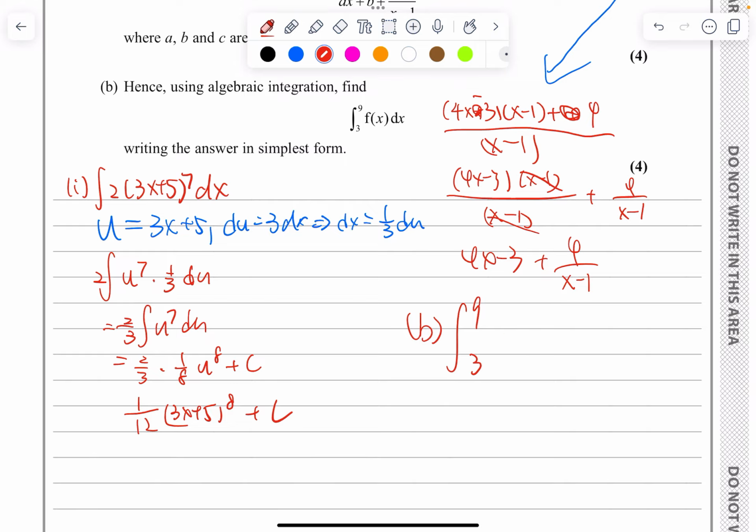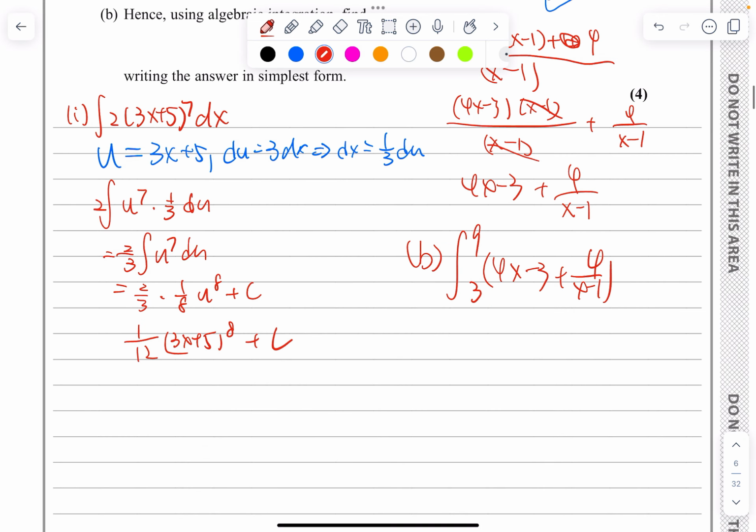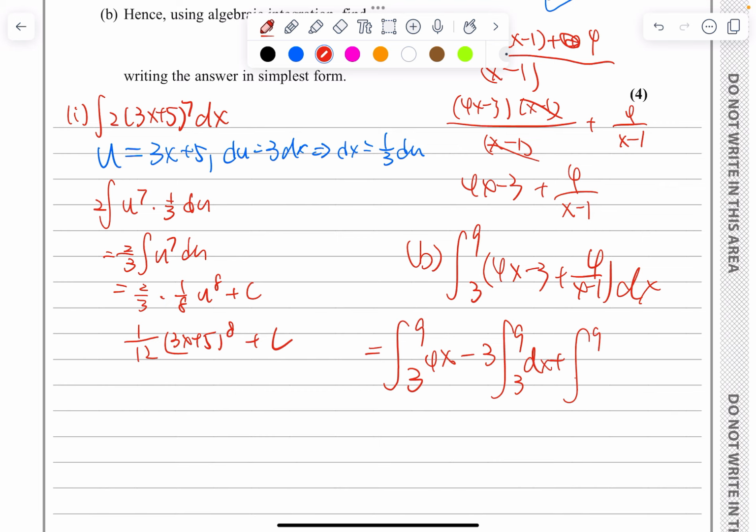Integrate f(x). So we will have this, right? Because we found out that f(x) is just equivalent to this. That means we just have to integrate them separately. Minus 3 dx plus integrate 4 over x minus 1 dx.